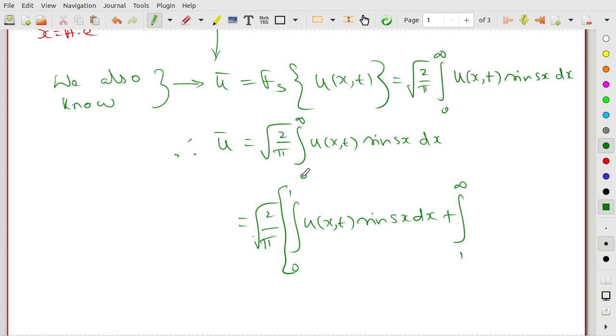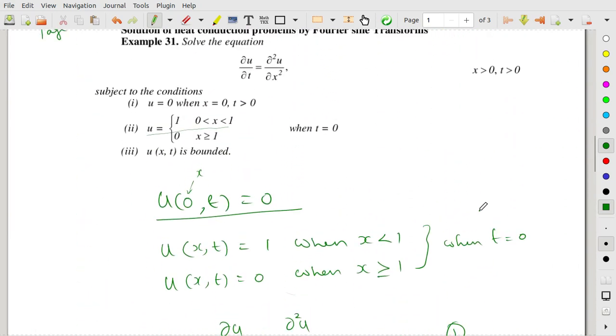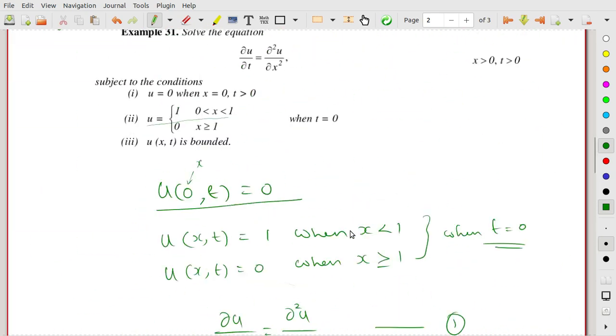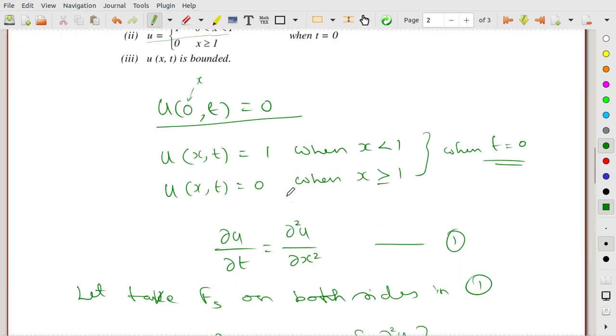I am splitting this integral from 0 to infinity as 0 to 1 and 1 to infinity. There is a reason, because we know our u of x at t equals 0: they have given that when t equals 0, u of x comma t equals 1 for x less than 1, and it equals 0 when x is greater than or equal to 1.